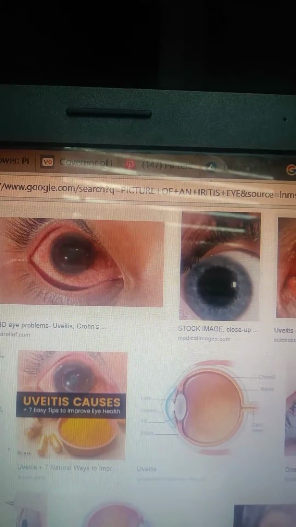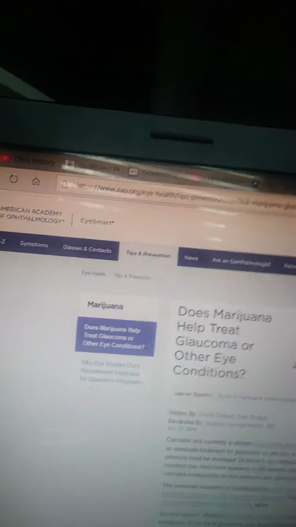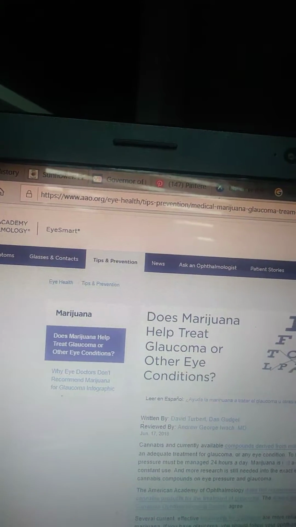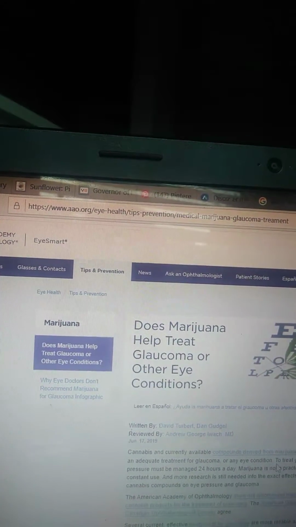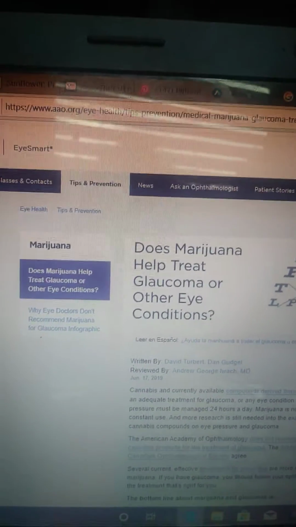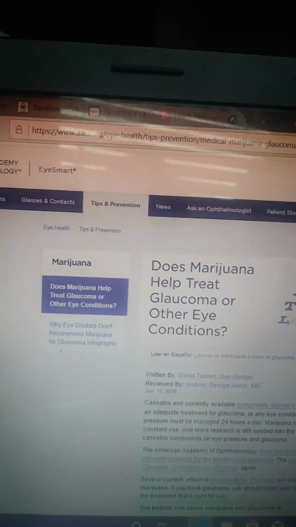Okay, so we're gonna go to one of their treatments, and that's marijuana. And this is what they say about using marijuana, cannabis, whatever y'all calling it: it is not an adequate treatment for glaucoma or any eye condition. I'm not trying to stop nobody from making money, which I feel is good for y'all, but I'm just saying, me myself, I don't want to be taking anything that's not really going to help me.